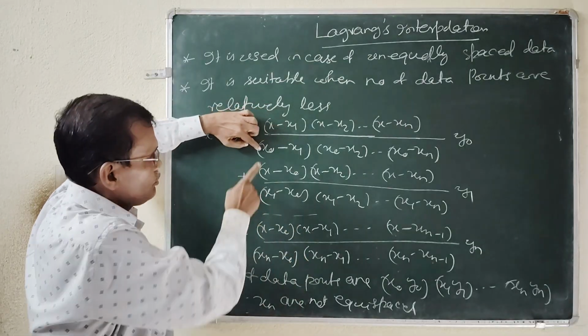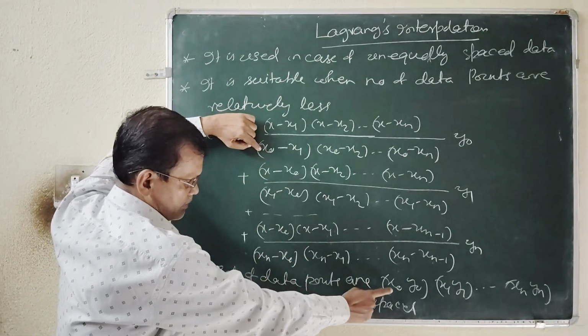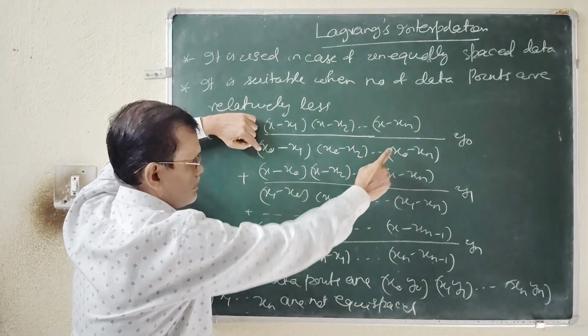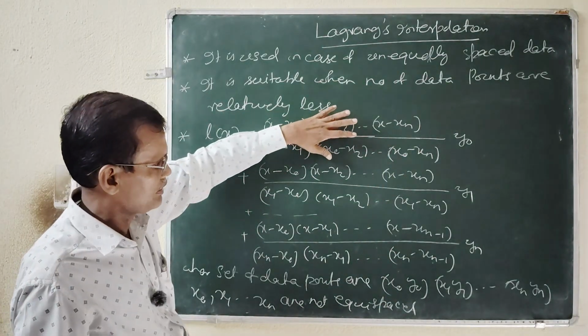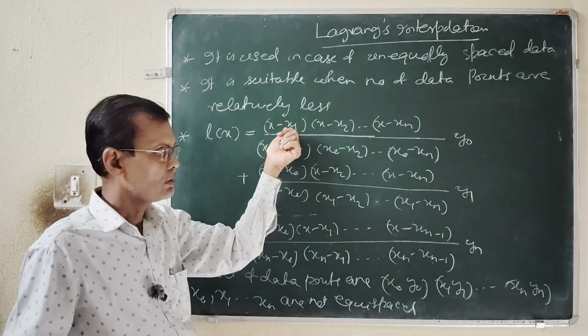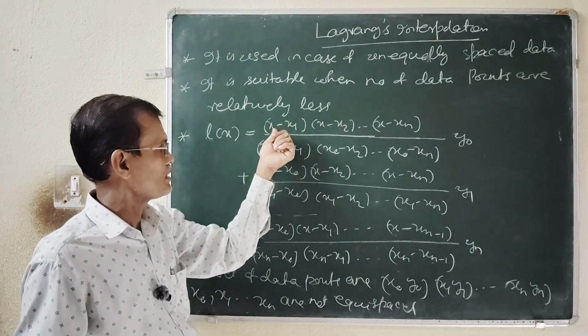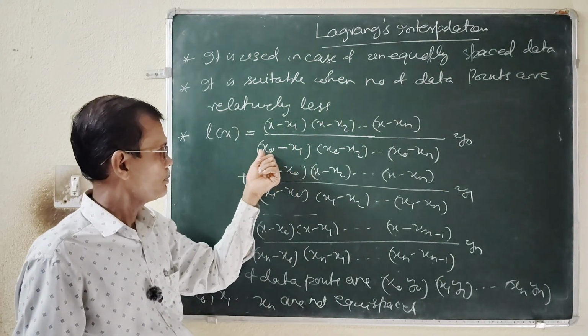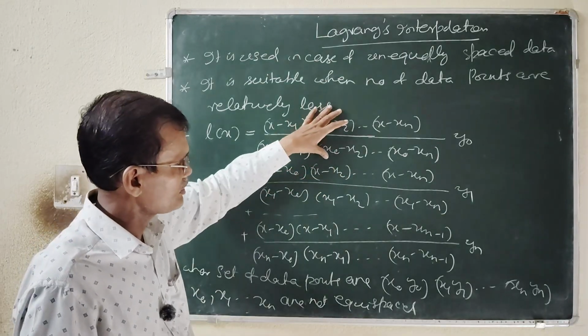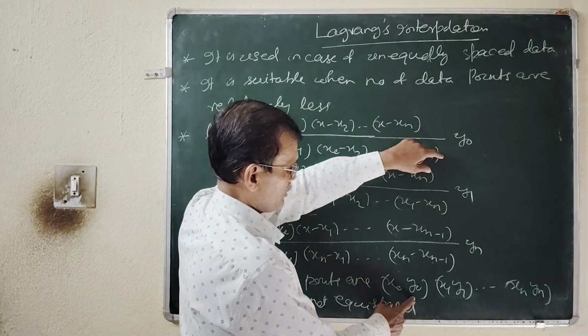Then in the denominator, from x0 we are subtracting the rest of the indices: x0 minus x1, x0 minus x2 up to x0 minus xn. So this term is generated by x0: in the numerator we neglect x0 and subtract the rest of the xi from x, in the denominator from x0 we subtract all xi, and with this expression we multiply the corresponding y0.